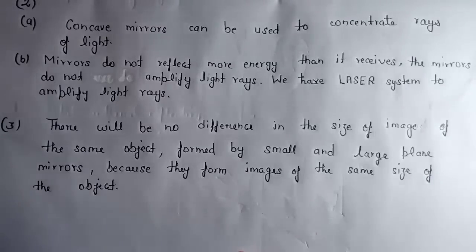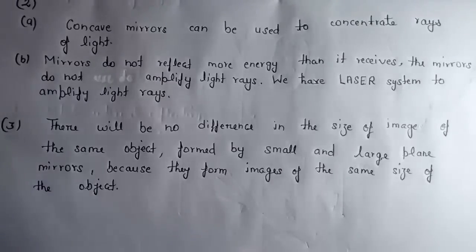Amplifying means you have to increase the intensity of light or the energy of the light beam. By using multiple mirrors you can concentrate light beams, but you can't amplify the energy of light rays. So we can say mirrors don't amplify light rays.